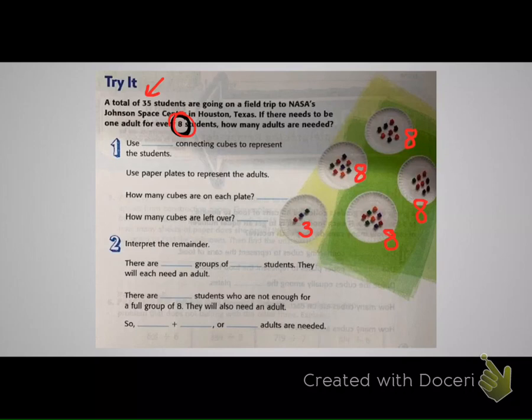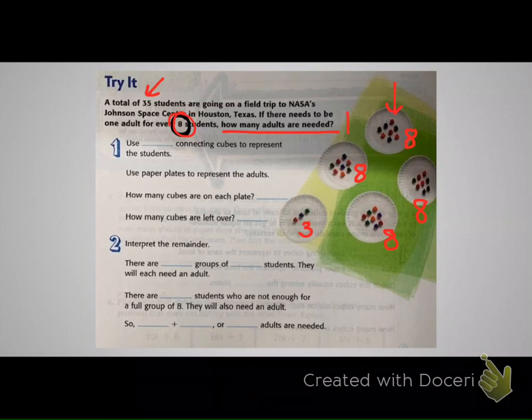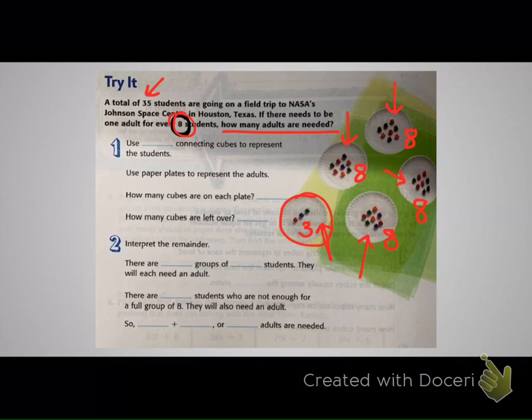So let's go back to that question. How many adults are going to be needed? Well, that would be an adult. That one needs an adult. And that one needs an adult. And that one needs an adult. What are we going to do with these 3 kids here that are left over? Are we going to need an adult for them? Well, I think we probably will.